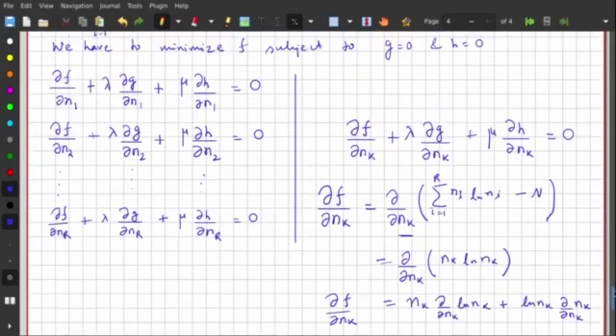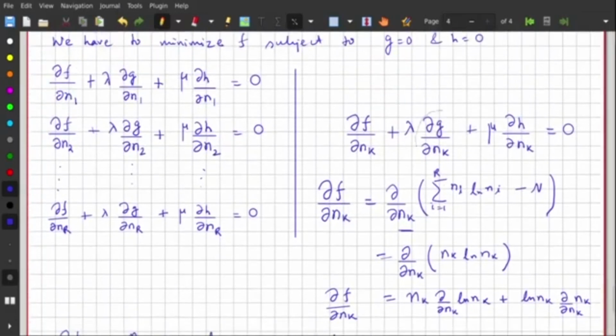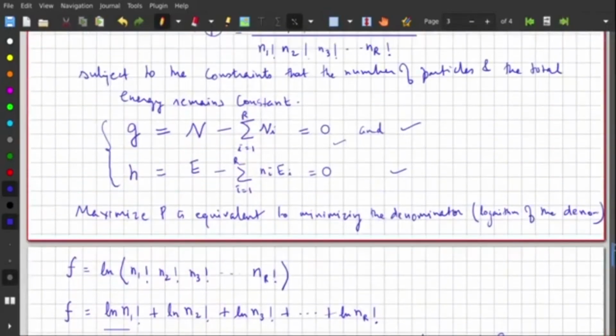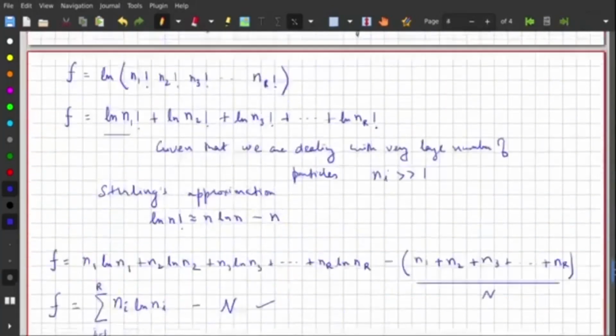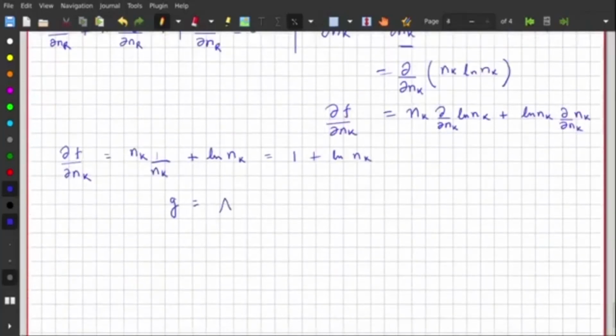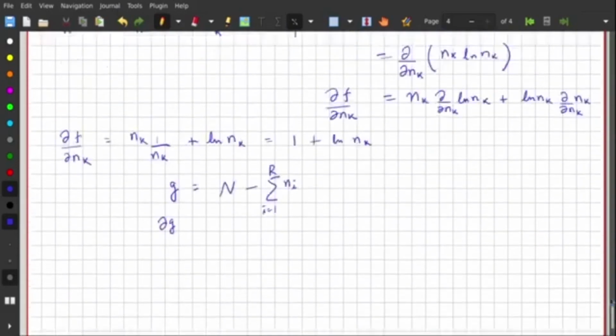Okay, and let's figure out now the second term, partial g partial nk. So let's write what g was. g was the particle conservation basically. So g was n minus the sum over i equals 1 to r of n sub i. So what we want is partial g partial nk.